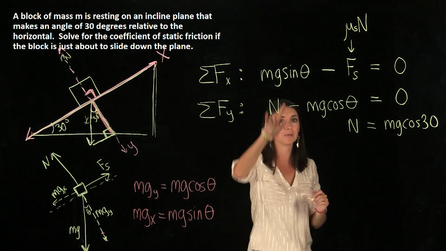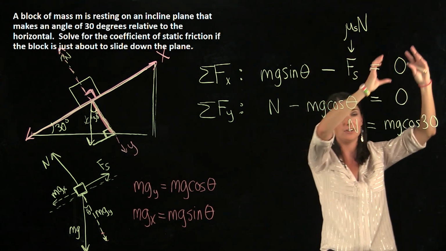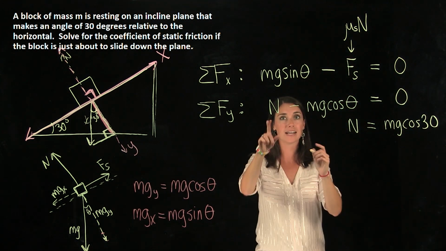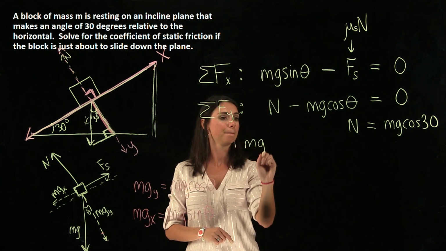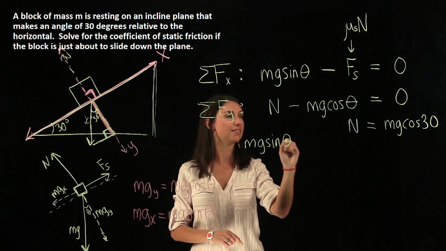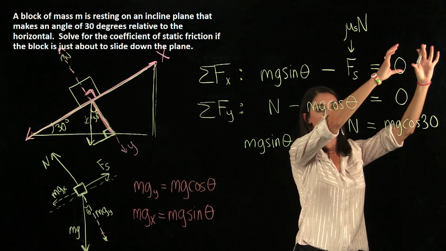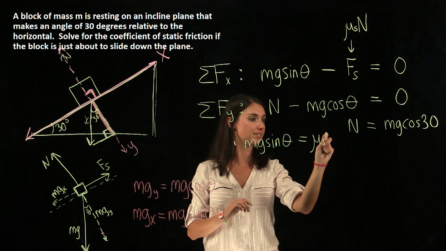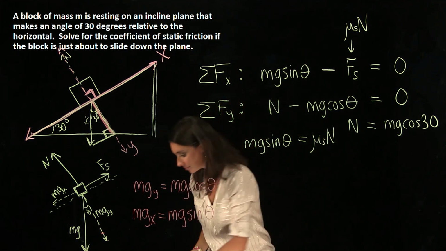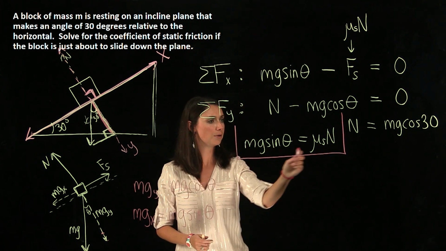I'm going to try something similar with this x direction. I'm going to move this negative friction to the other side of the equation. So that's going to tell me that mg sine theta, that x component of gravity going down the incline, is equal to that static friction, which is mu s times N. And now I've got two equations here.